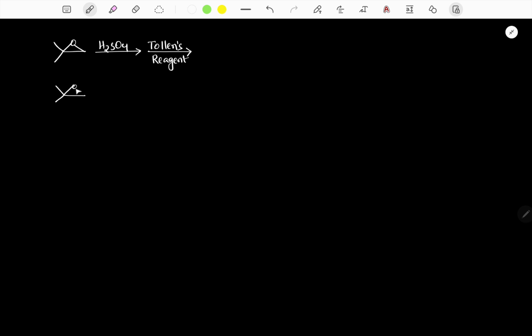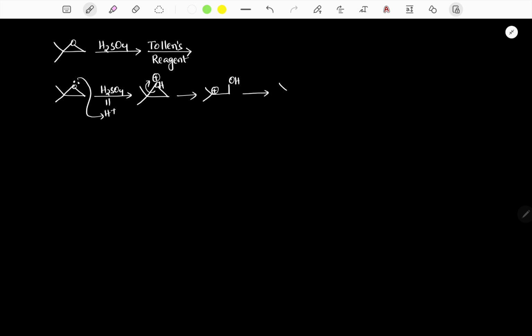Epoxide is treated with H2SO4, which means simply H+. No nucleophile is present. Therefore, here the O lone pair attracts the proton. So no nucleophile is present. After that, we have to cleave the C-C bond and form a stable carbocation.